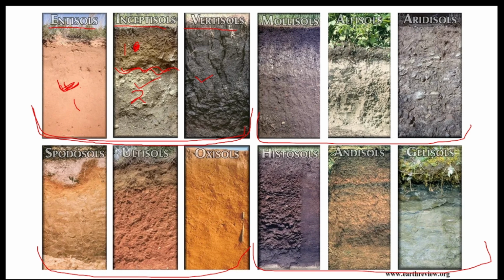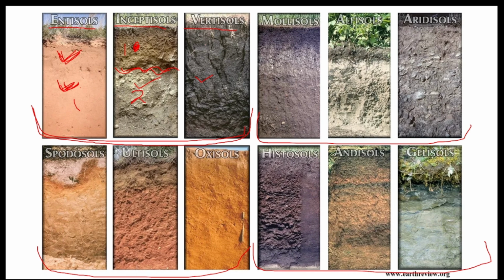All right, so this is the first most basic difference between entisols and inceptisols. That is, entisols are the youngest soils, youngest among all. This is the first differentiation that you must understand, you must always remember.